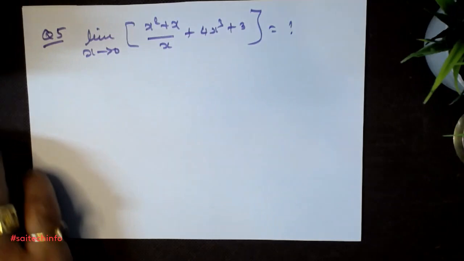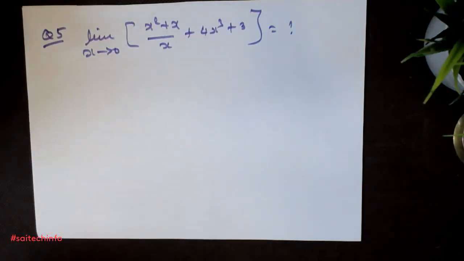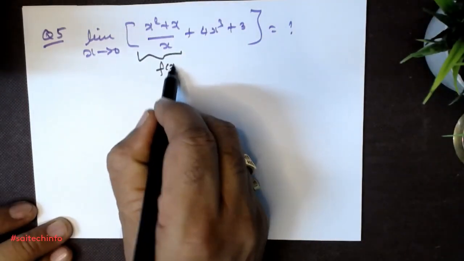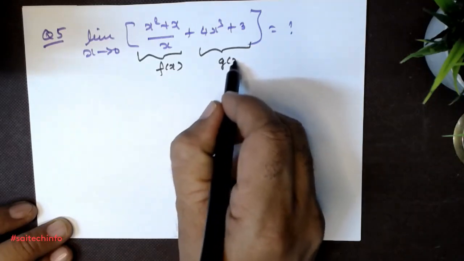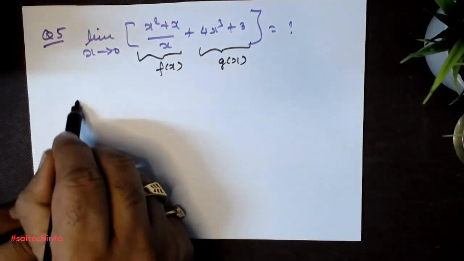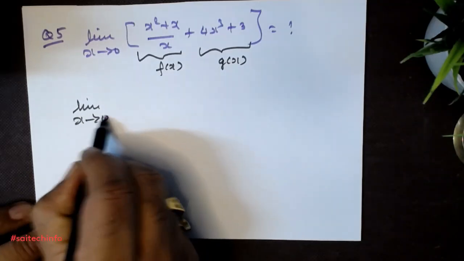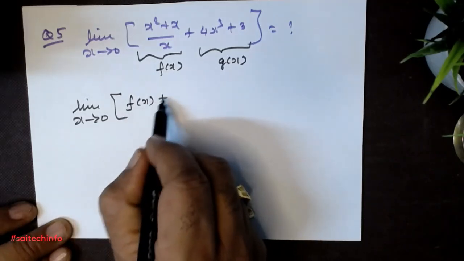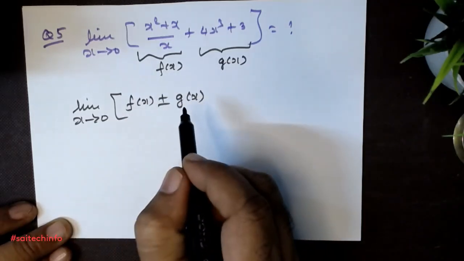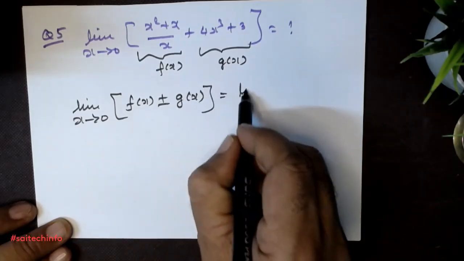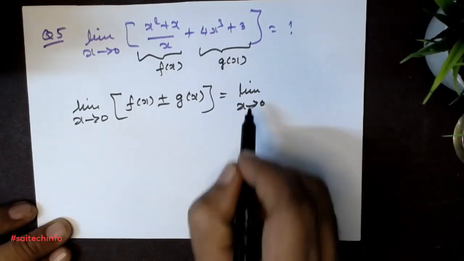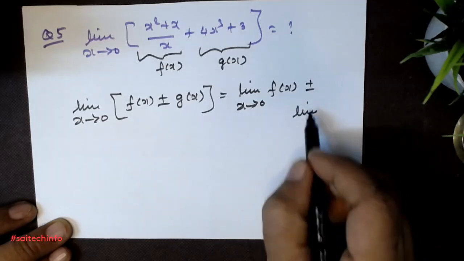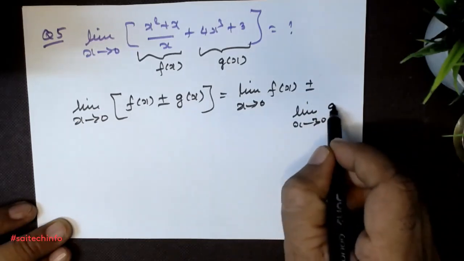Actually, we can consider this as f of x and g of x. We have the formula: limit x tends to 0 of f of x plus or minus g of x is equal to limit x tends to 0 of f of x plus or minus limit x tends to 0 of g of x.